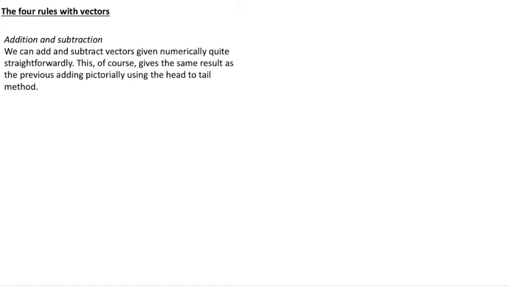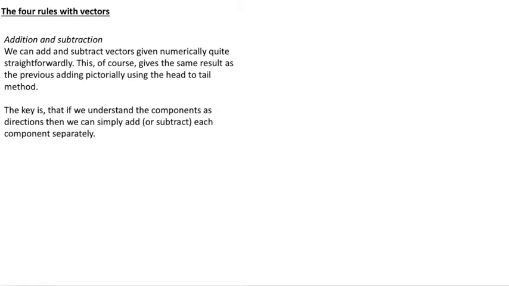Okay, so the four rules: addition, subtraction, multiplication and division, and we can add and subtract vectors given numerically quite straightforwardly. This obviously has to give the same result as the previous adding pictorially using the head to tail method. And the key is that if we understand the components as directions, then we can simply add or subtract each component separately.